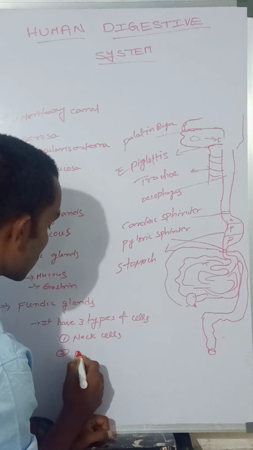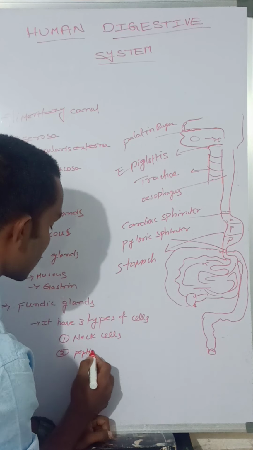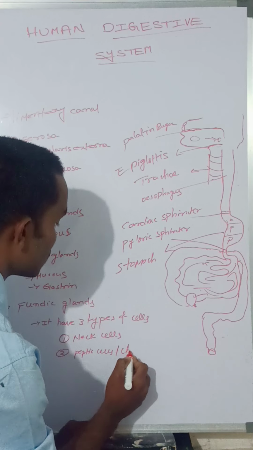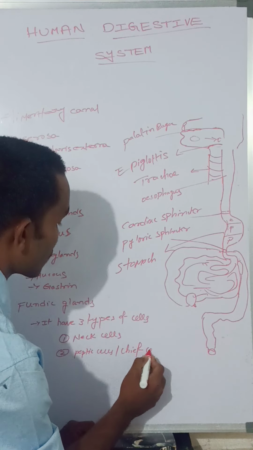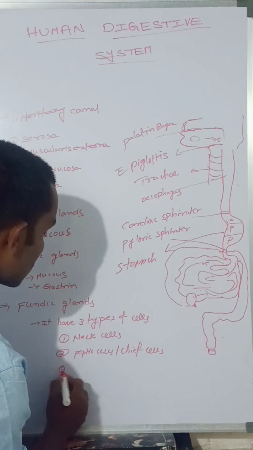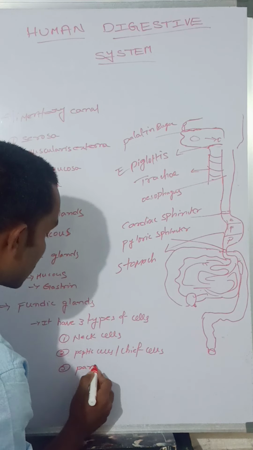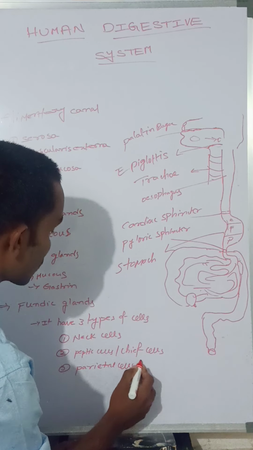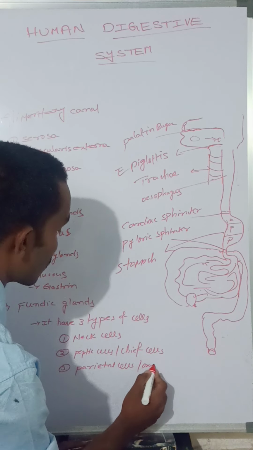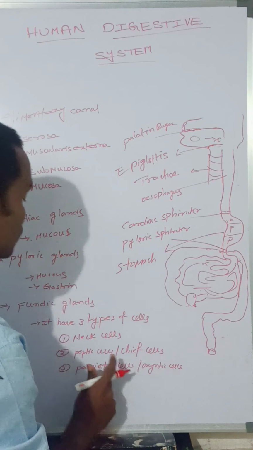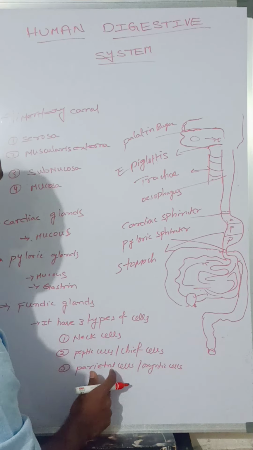Second is peptic cells or chief cells. Third is parietal cells or oxyntic cells. Neck cells, peptic cells, chief cells, parietal cells, oxyntic cells.